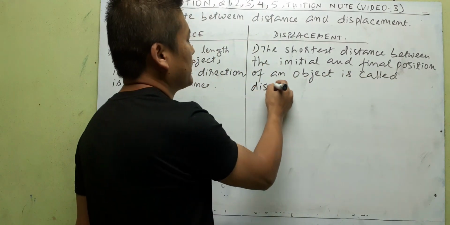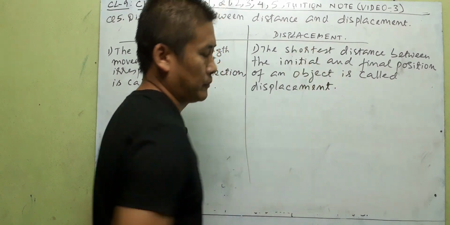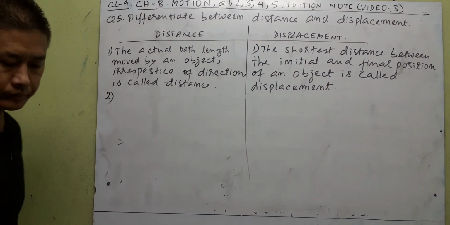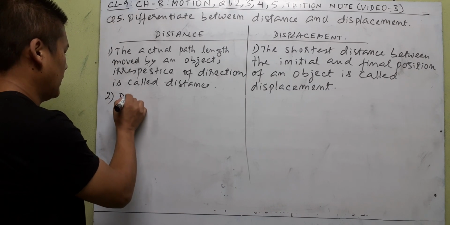So remember, displacement is the shortest distance between the initial and the final position of a moving object. Okay, point number 2 of the difference would be, okay, here write down first.